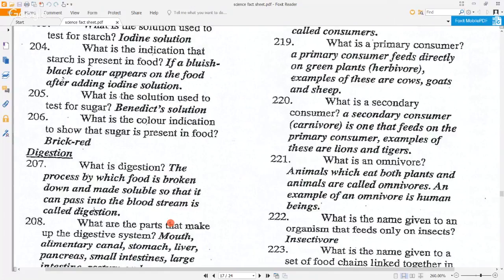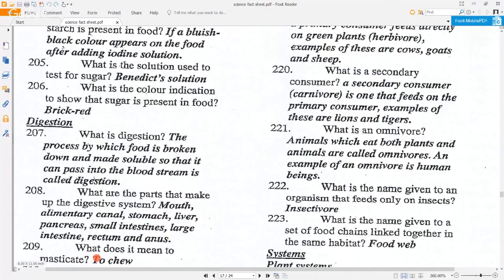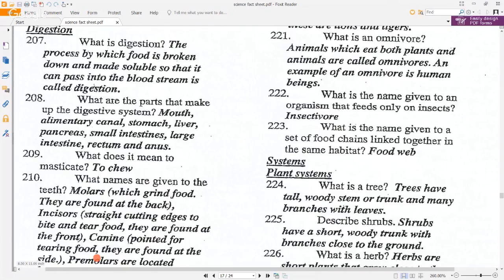All right, so what are the parts that make up the digestive system now? We have the mouth, the alimentary canal, the stomach, the liver, the pancreas, the small intestines, the large intestines, the rectum, and the anus.